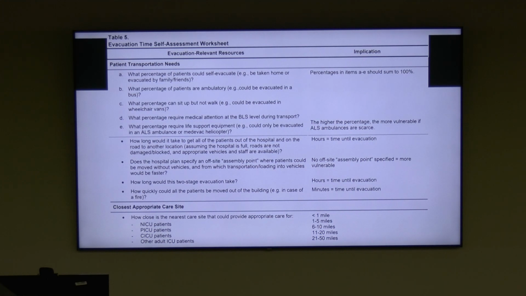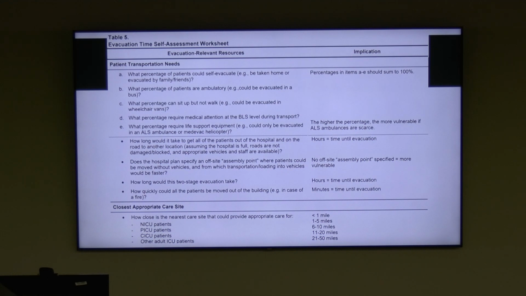In addition, you also want to consider psych patients and other vulnerable populations. Are they less than a mile away? Are they 1 to 5, 6 to 10, 11 to 20, 21 to 50, or 50 or more miles away? Just understanding how far away that is would become a huge deal too.